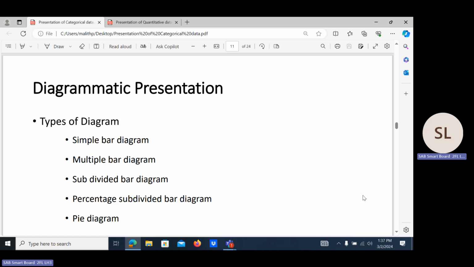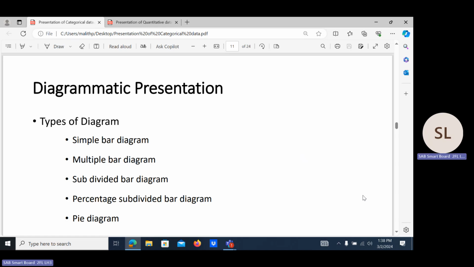Then we move into the diagrammatic presentation. Do you know about the diagrams? You know different kinds of diagrams. Then diagram means what? When we need to represent the data, we can use the tabular form.